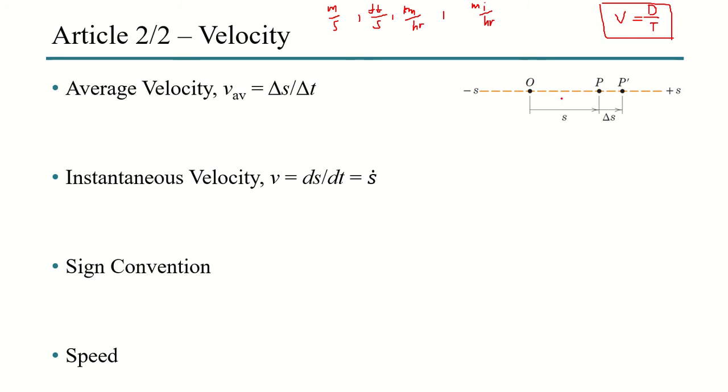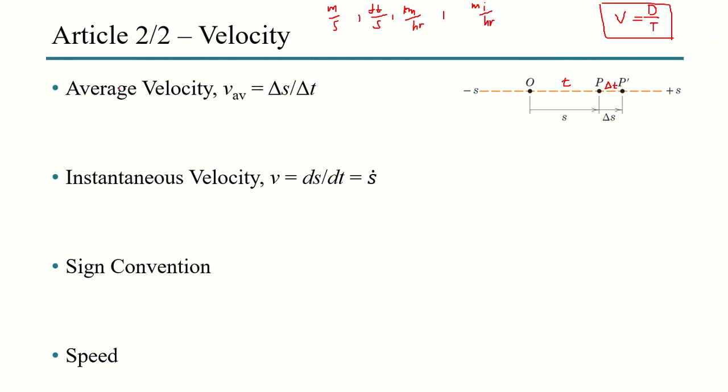Similarly, as mentioned in the previous slide, we have here the time for the particle to move from point O to point P. And then there's an increment of the time when the particle moves further to P prime.